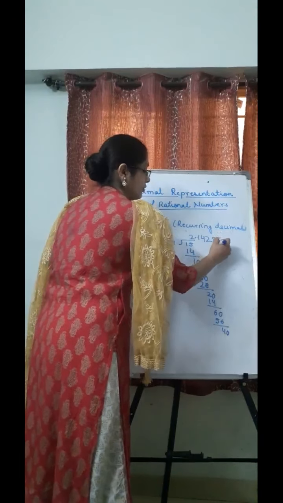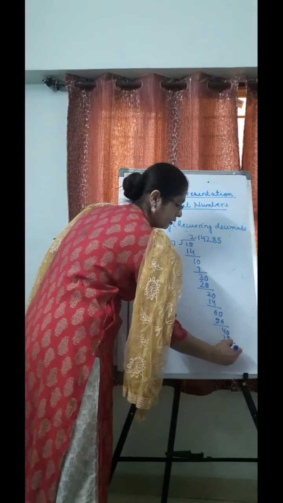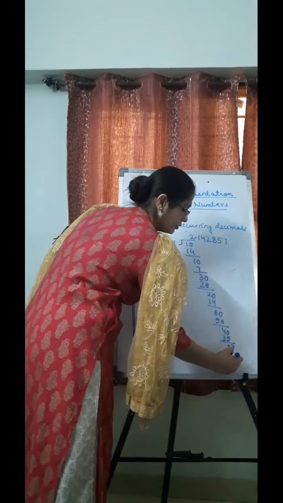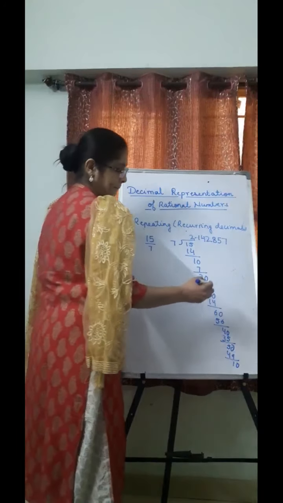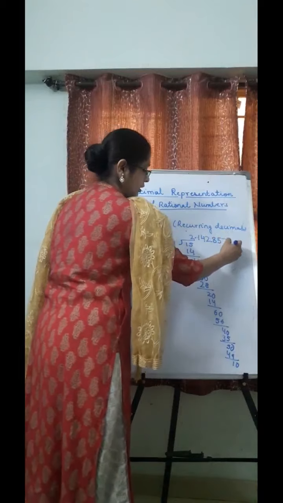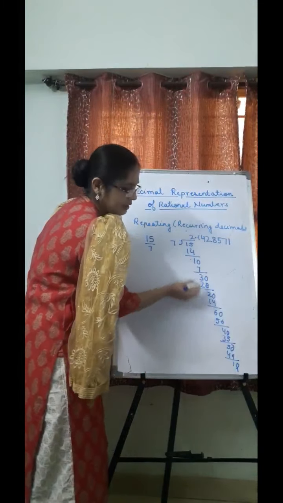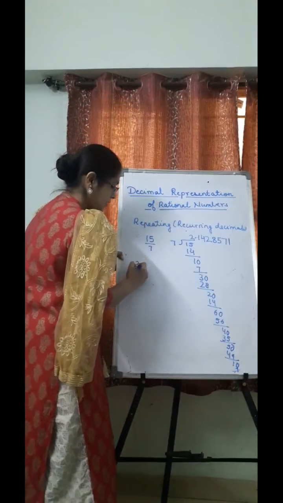Till now we are not getting anything repeated. Now again 7 ones are 7. We see that this will repeat now from 10, 7 and so on.